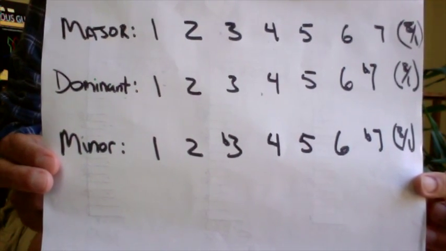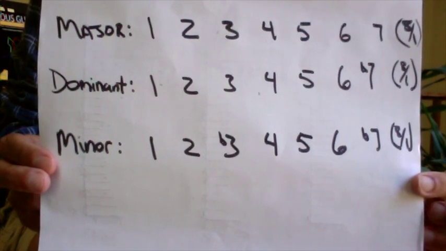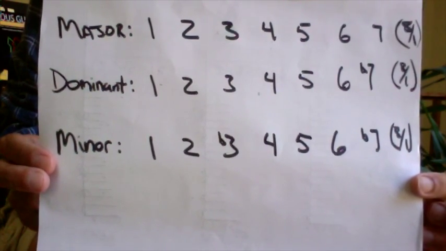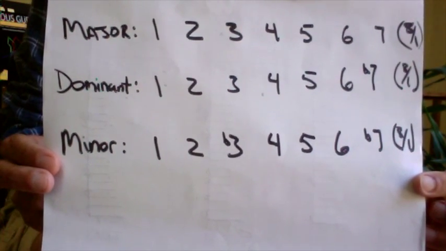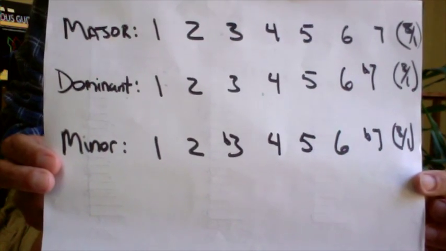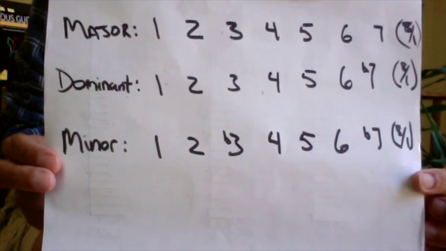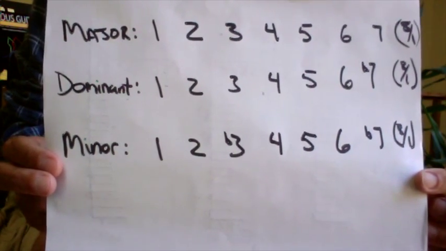The answer, the flatted third. So what does that mean? It means that any and every scale that has a flatted third in it must be a minor scale. Because if it didn't have a flat 3, it would have a natural 3, and that would be either major or dominant. Okay, so minor has a flatted third.